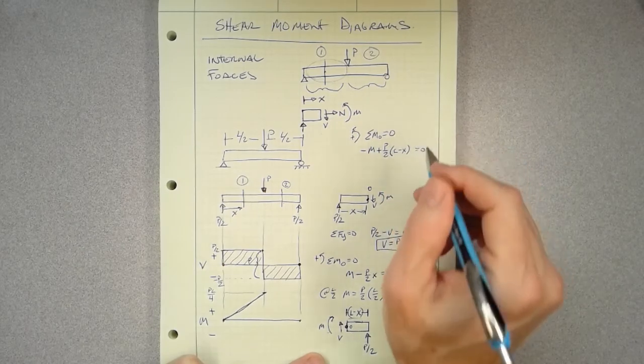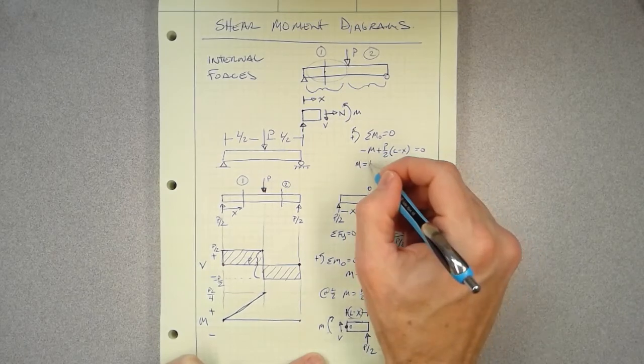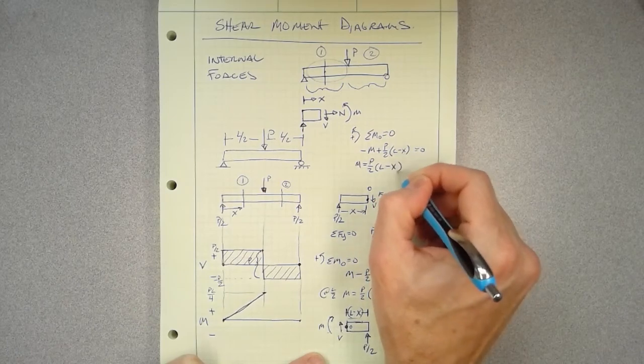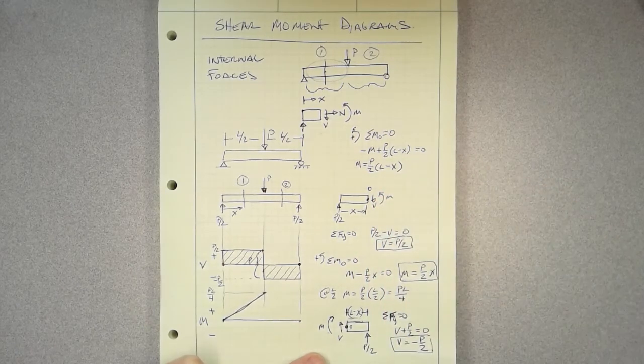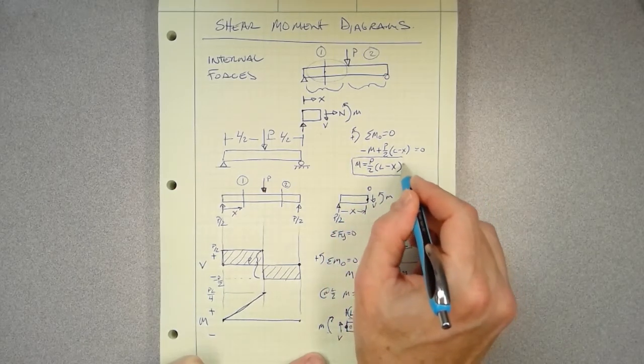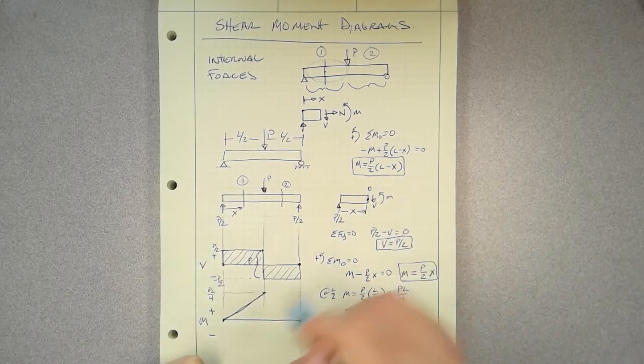And that's going to be equal to 0. So we can rearrange this and we get M is equal to P over 2 times L minus x. Okay, so there is our equation. This is the equation for the line of the moment on the right hand side, or in section 2.